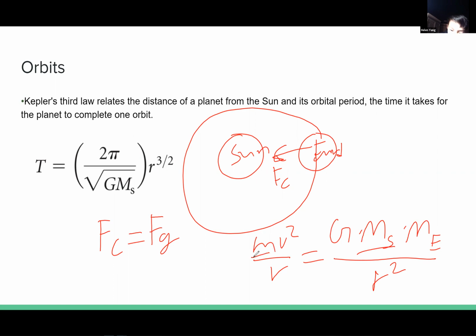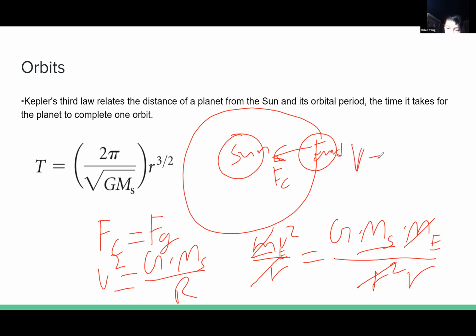And the mass here, since it's the earth, would be the mass of the earth. So first of all, you can cancel out one of the r's and the mass of the earth. So you're left with v squared is equal to G times the mass of the sun over r. And for circular motion, v is actually equal to the distance over time.